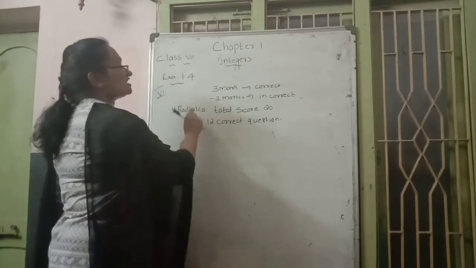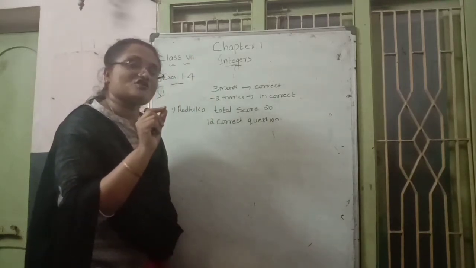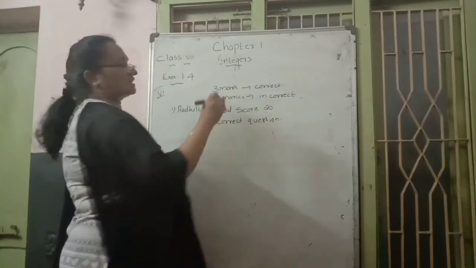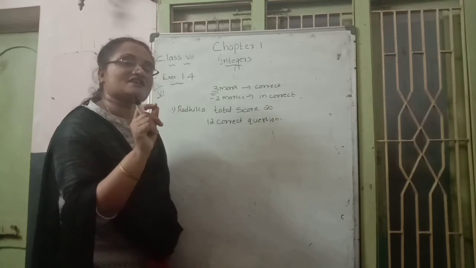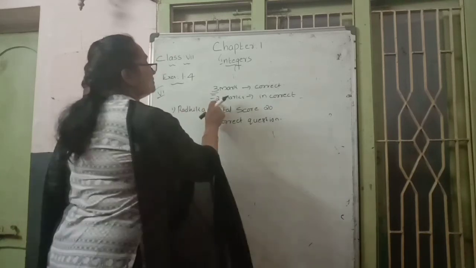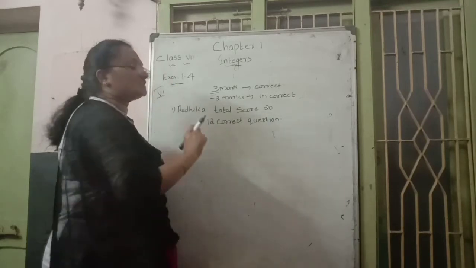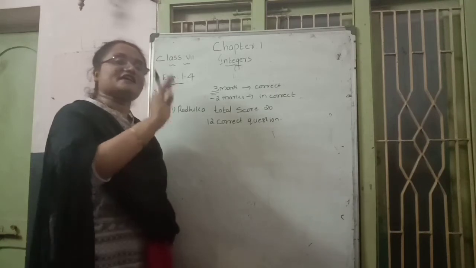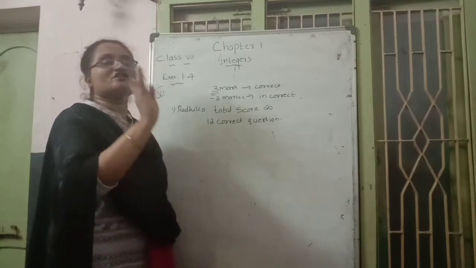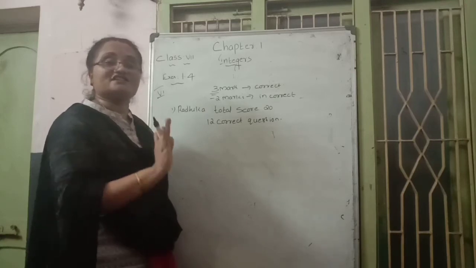Once again I am repeating. Each correct answer gets 3 marks. Each wrong answer is awarded minus 2 marks. In Radhika's case, first part, Radhika's total score is given; however the negative and positive marks are calculated, 20 marks is the total score of Radhika.